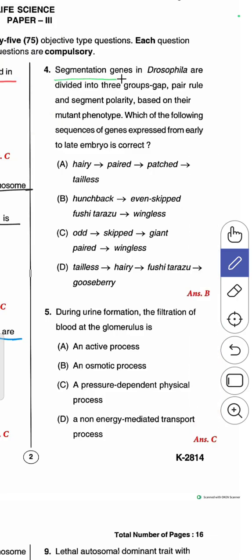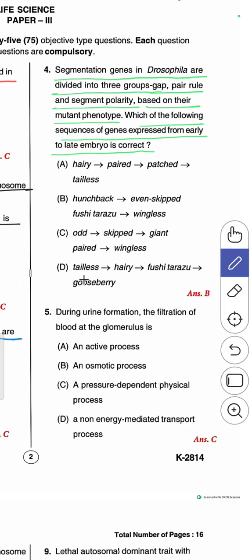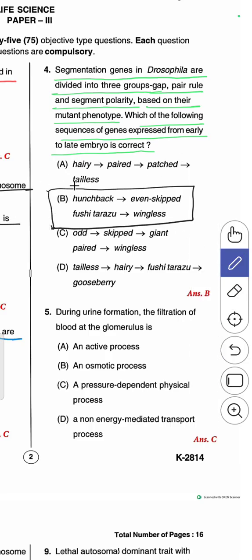The segmentation genes in Drosophila are divided into three groups: gap, pair rule, and segment polarity, based on their mutant phenotype. Which of the following sequence of genes expressed from early to late embryo is correct? So here the right answer for this question will be B. Why? Because hunchback is one of the gap genes.